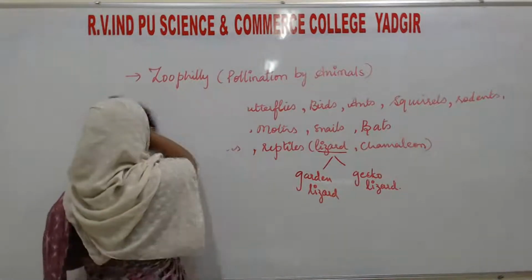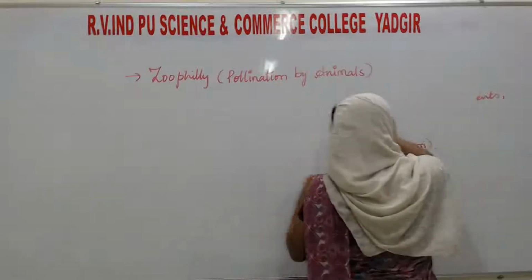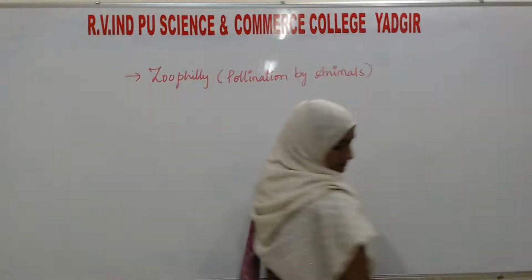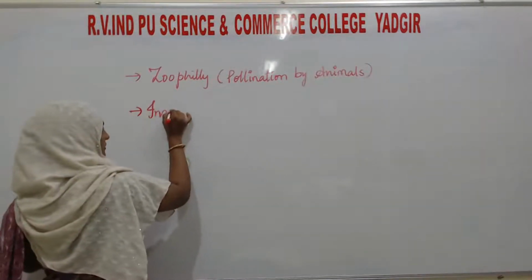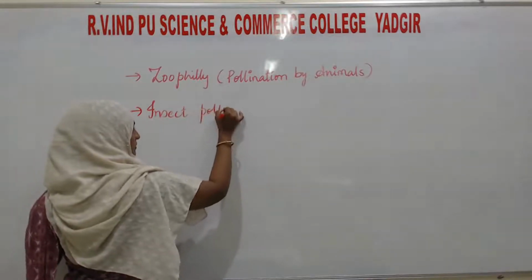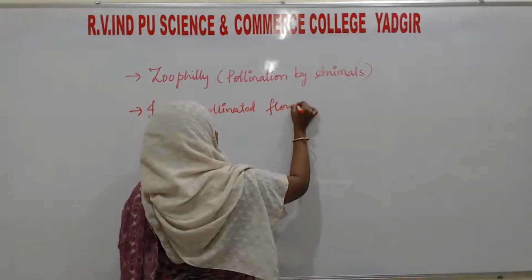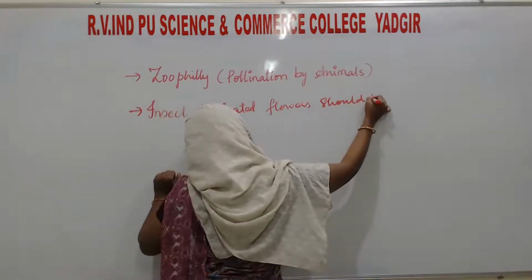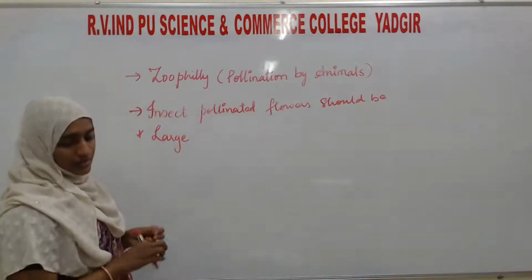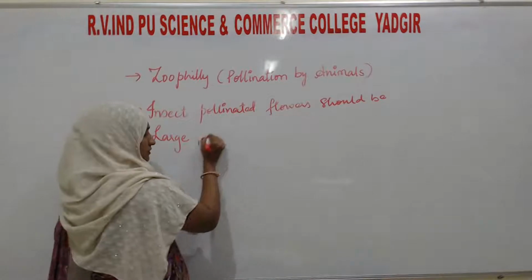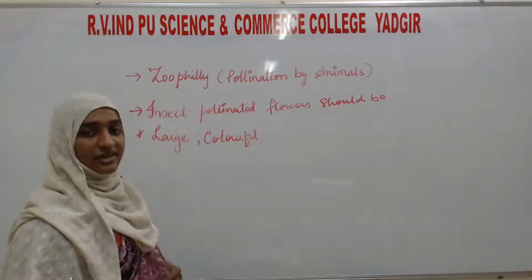So let's see here. Majority of insect pollinated flowers should have certain adaptations. They should be larger, their size should be large, then colorful, so that the animals, the bees or the insects are attracted towards that flower.